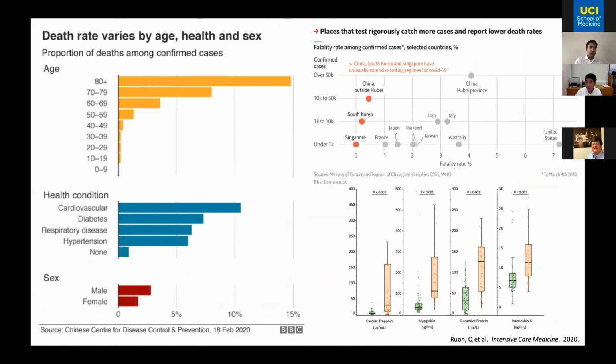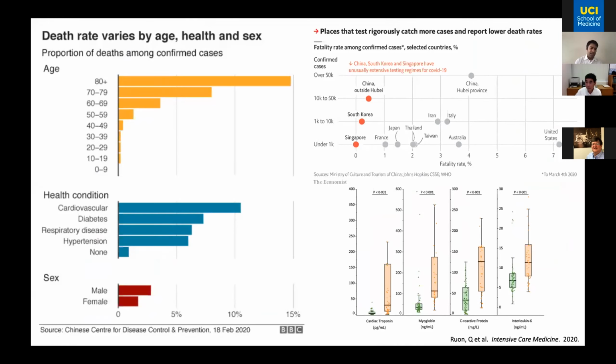And the death rate, and again, there's been a lot of data on this, but we know that elderly people do worse with COVID-19. We know that cardiovascular and pulmonary medical conditions do worse with COVID-19. A lot of people have asked about cancer. Recently, it came out that the increased risk in cancer seems to be mostly restricted to lung cancers and cancers with lung involvement.